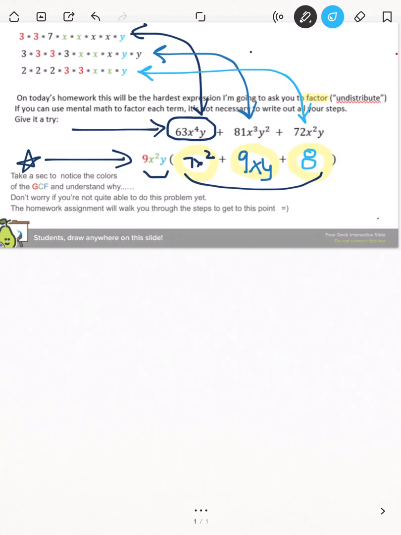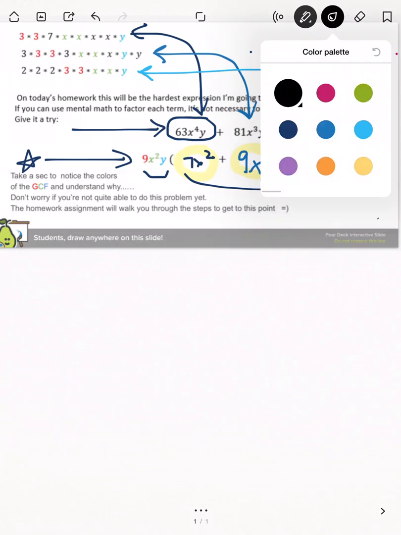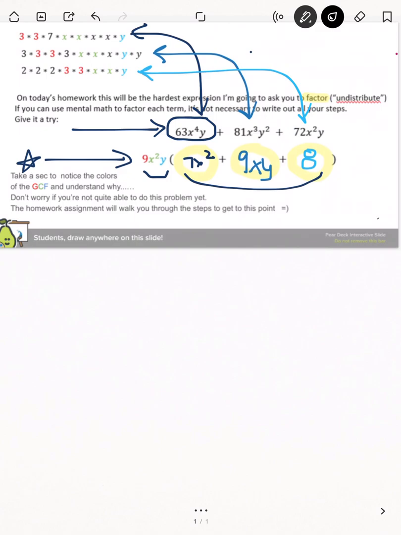This is the answer that I was hoping you would get on the PearDeck. If you're wondering if that's the right answer, you can always check it by redistributing it. 9x squared y times 7x squared plus 9xy plus 8.